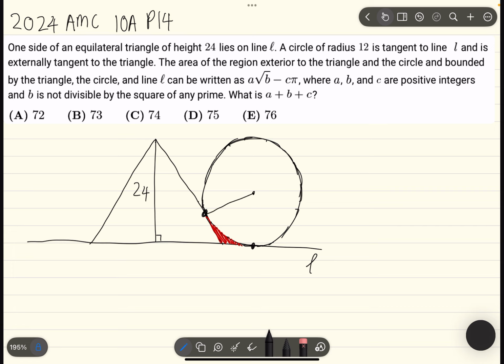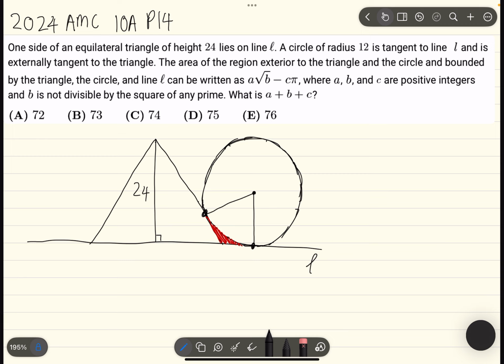If we connect these two radii, because whenever you have tangent lines in an AMC problem, you want to connect the center to these points of tangency.